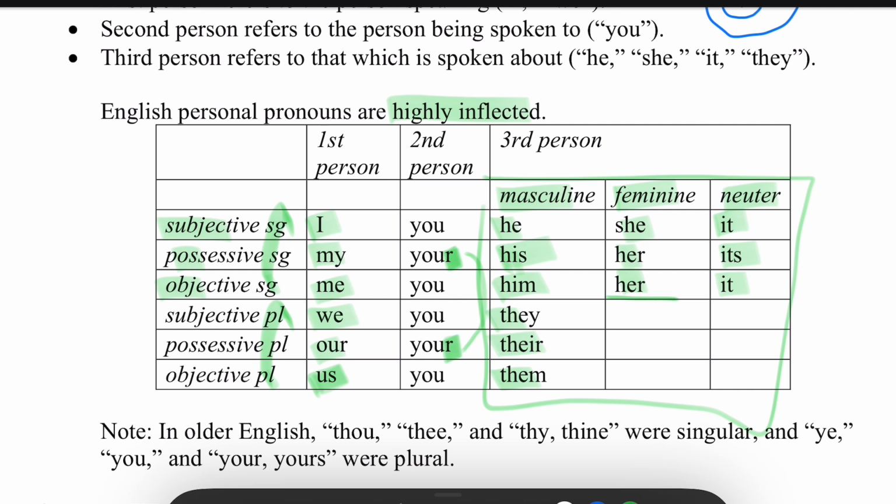Note that we do not have feminine or neuter third person plural pronouns. Or I guess I should say we don't distinguish between masculine and feminine for those. We do have them, we just only have them in one form, and it's the same for feminine and for neuter.